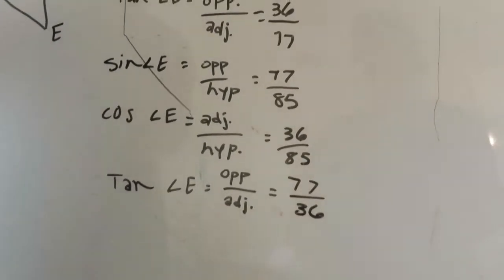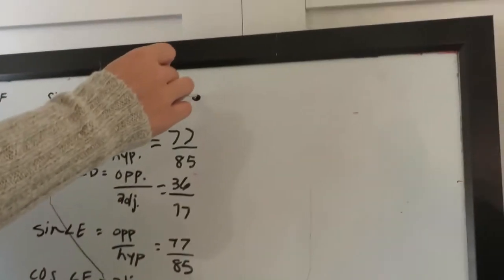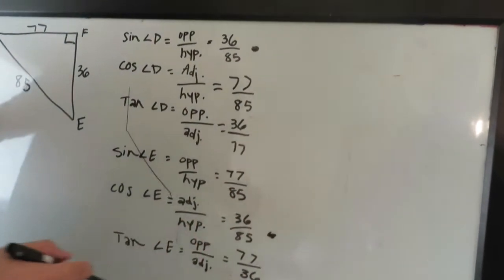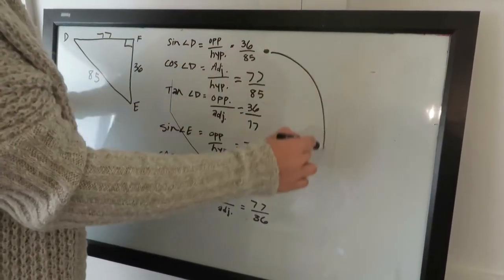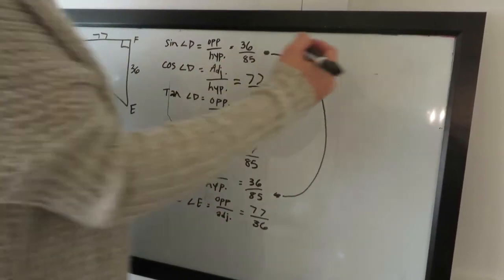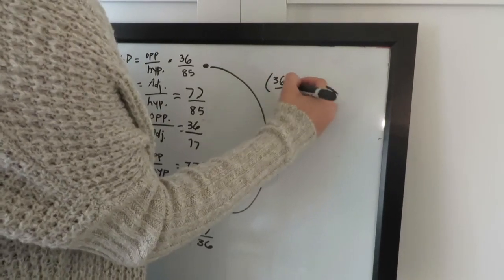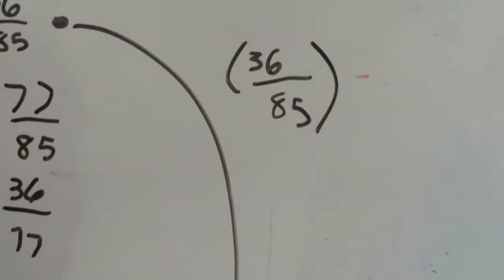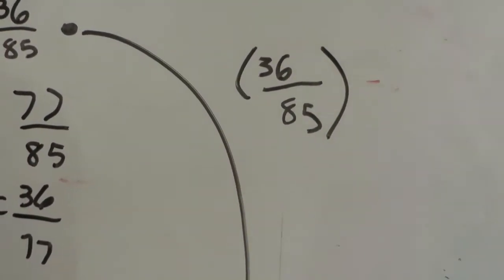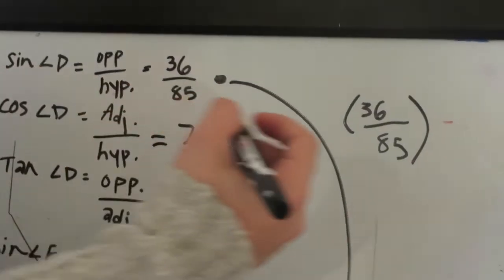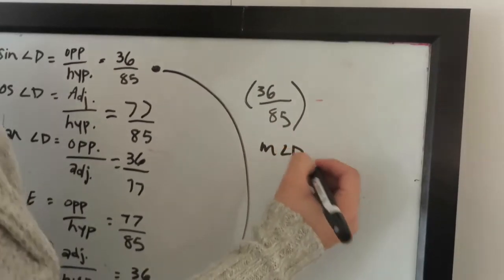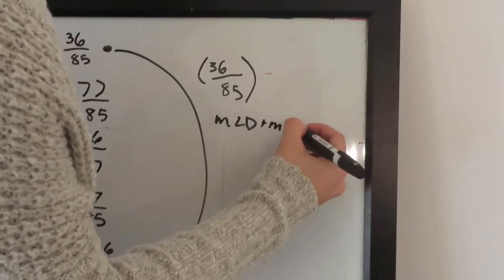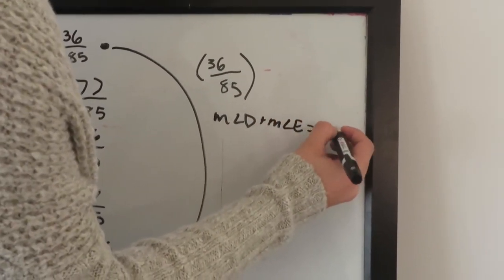So notice, sine of angle D and cosine of angle E are equal. They're both 36 over 85. Remember, because the measure of angle D plus the measure of angle E equals 90 degrees.